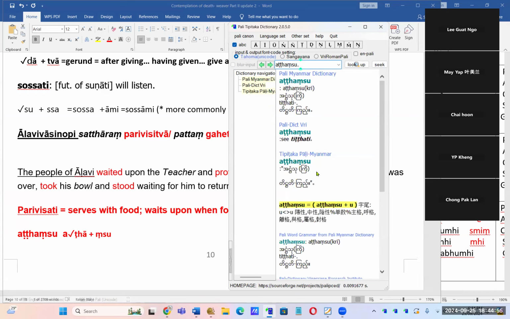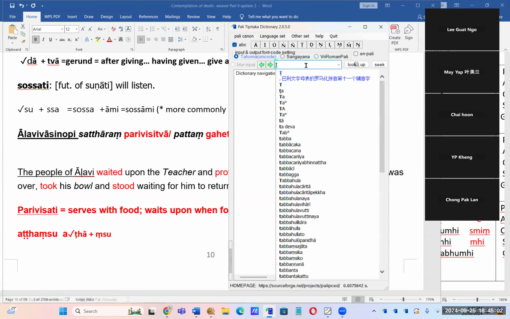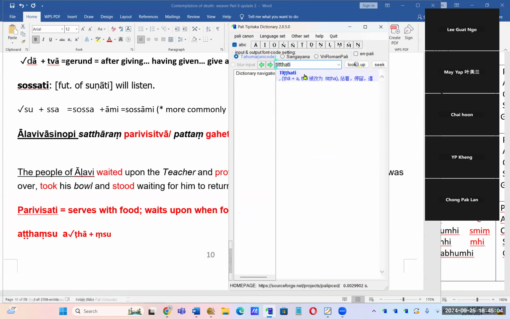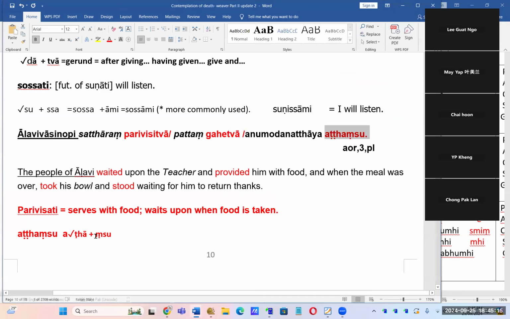So if you find the root, from here you find the word tik. Tik we have seen many times already, right? So tik becomes this past tense atamsu. Root is ta. Okay? Ta is to stand up. So it means that they serve the food to the Buddha, they don't sit down. They stand. So this is a past tense.